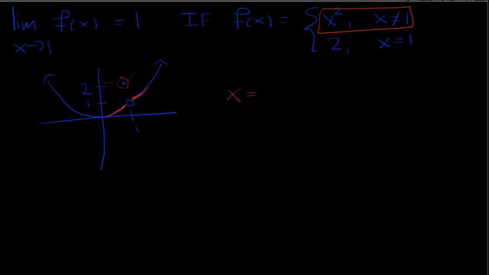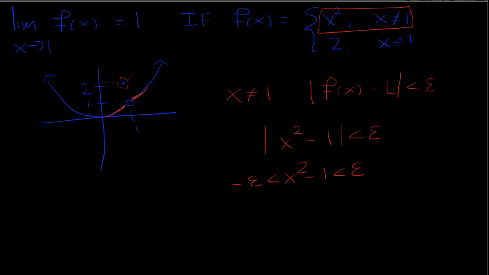So for x not equal to 1, we're going to be looking at the absolute value of my function minus the limit being less than epsilon. And so the function we're looking at is x squared, the limit is 1, and that's less than epsilon. So that means x squared minus 1 will have to be between negative epsilon and epsilon.